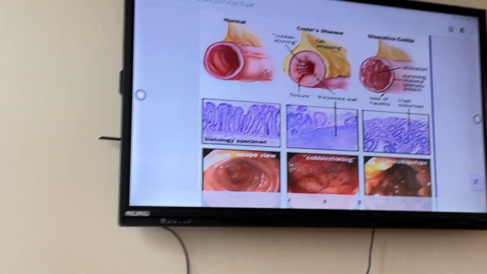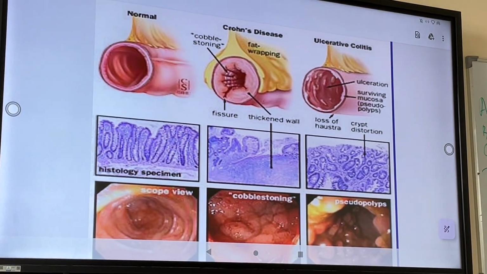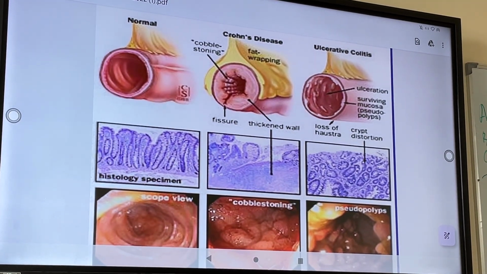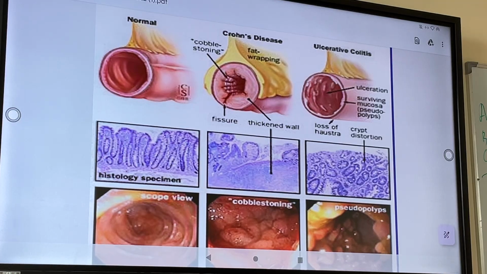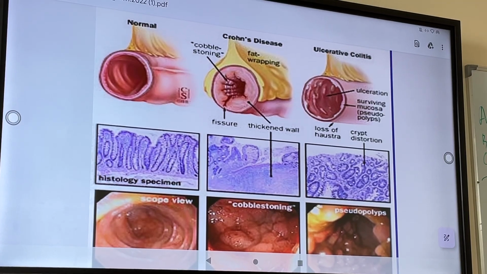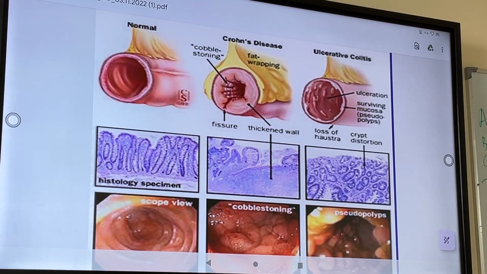Now look, this is normal fat surrounding the intestines. In Crohn's disease, we have fat wrapping, it becomes more. We may have fissures, we have thicker walls, and cobblestone appearance.